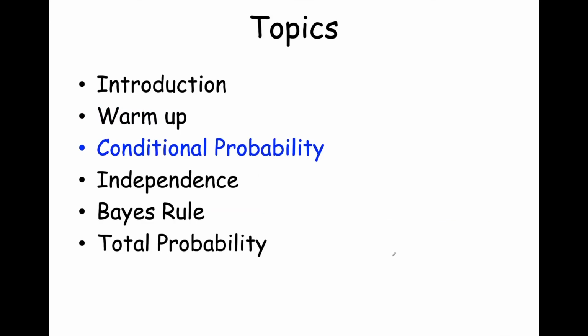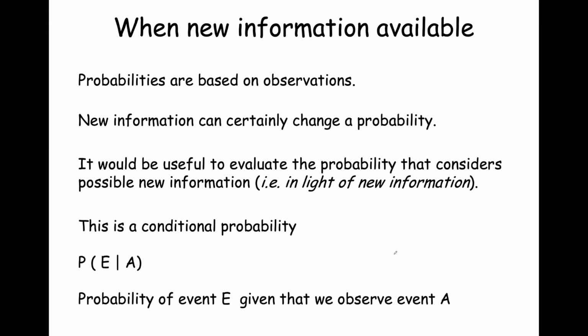All right, so let's look more at this conditional probability. One of the things that conditional probabilities are doing for us is allowing us to consider or even evaluate different possibilities of what happens if new information is available. So we said probabilities are based on observations.